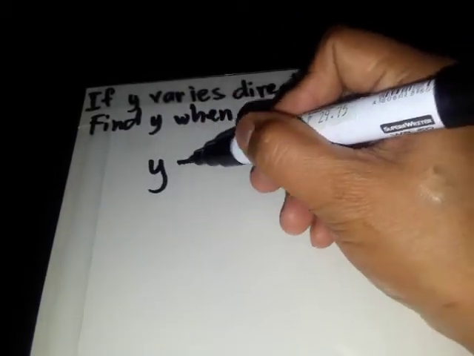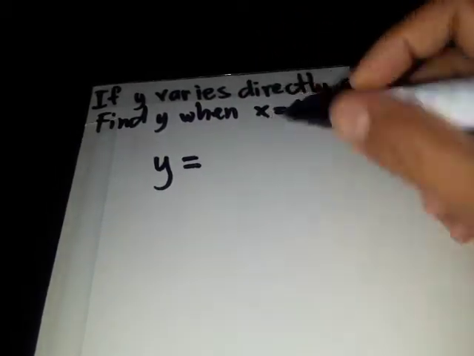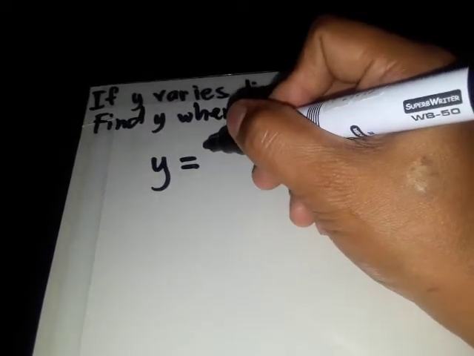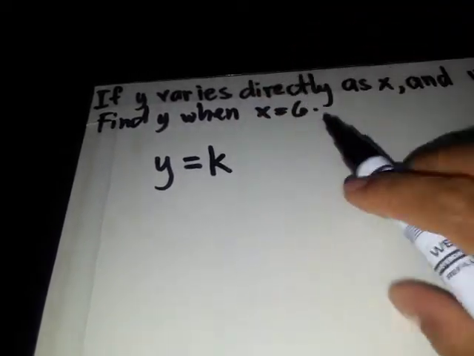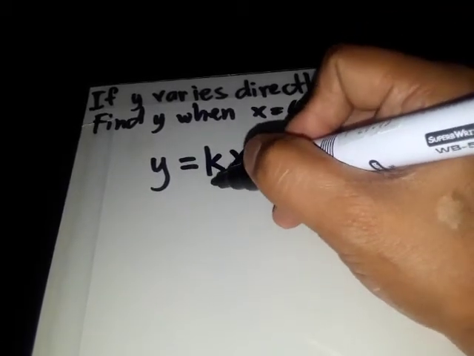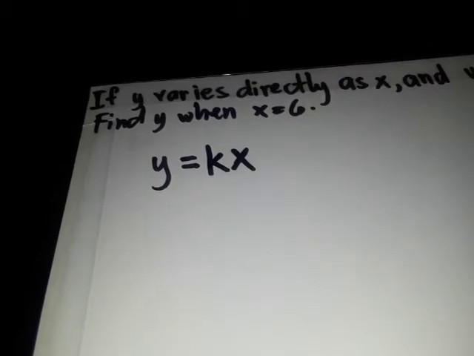Y varies directly as x. So if it varies directly, y is equal to kx. Why do we have k? The k here is the constant.